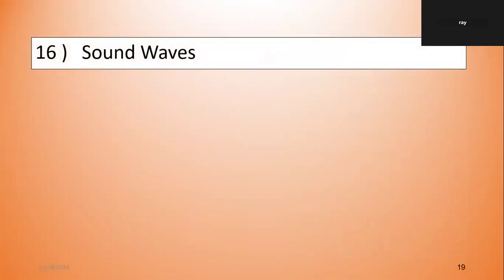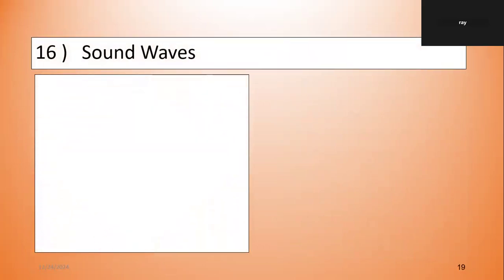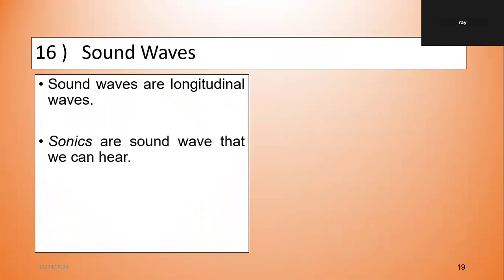Sound waves. Sound waves are longitudinal waves. Sonic are sound waves that we can hear. Audio frequency is about 20 hertz to 20 kilohertz.